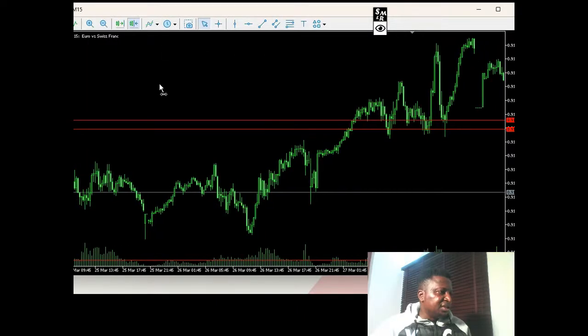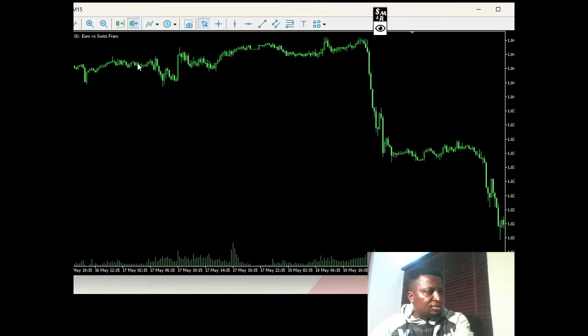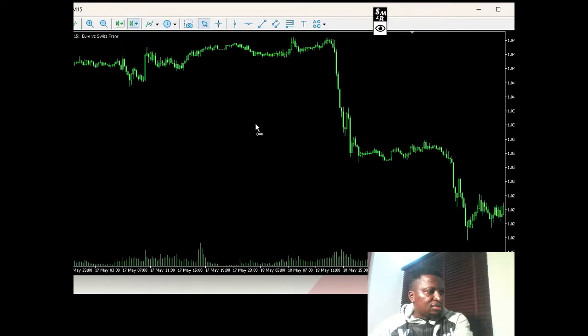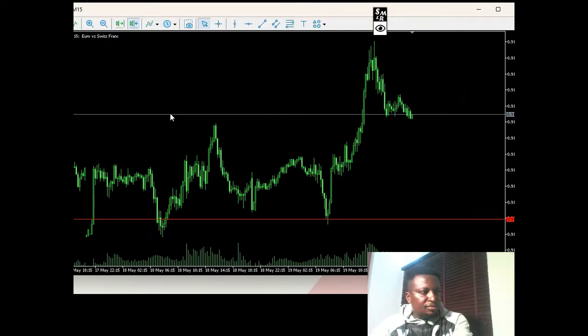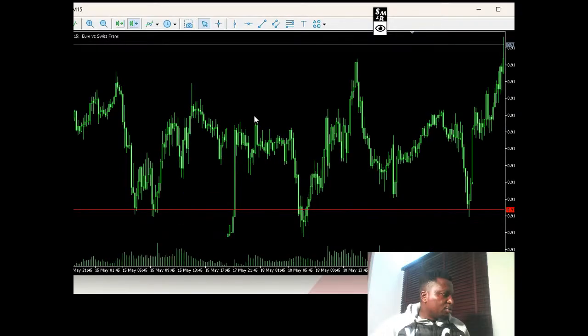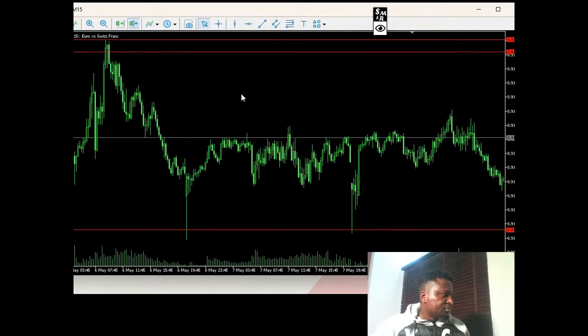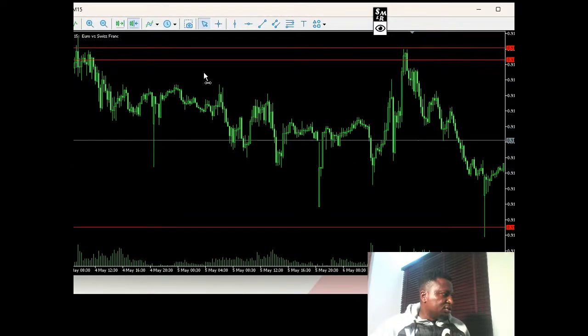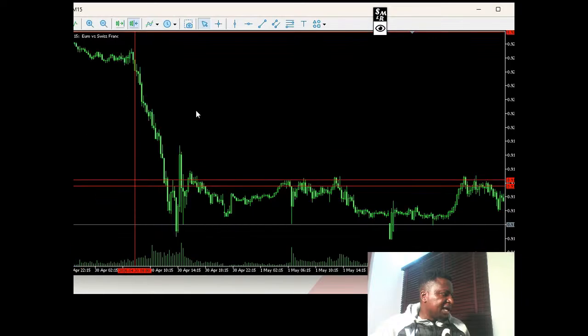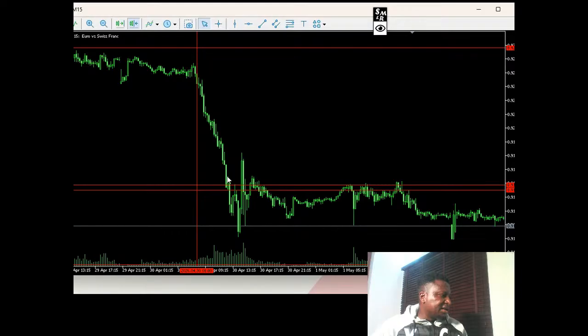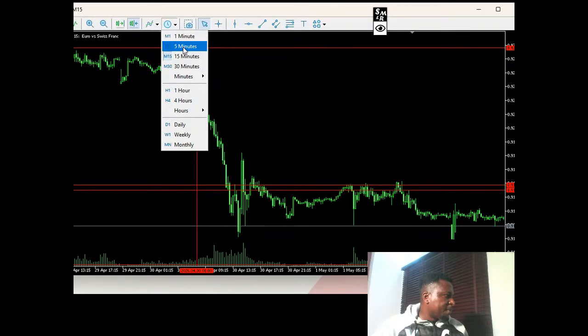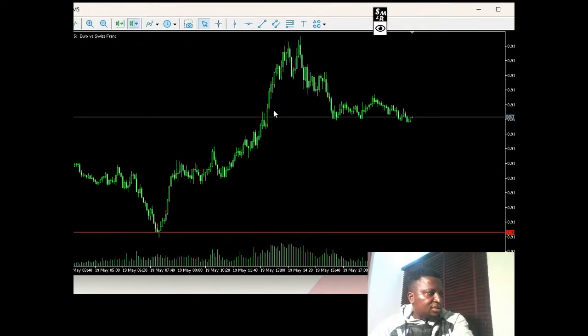When you get to 15 minutes, you will observe that before price came from here, there are movements. This is 15 minutes.